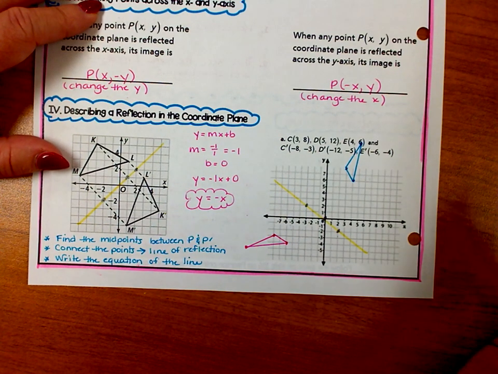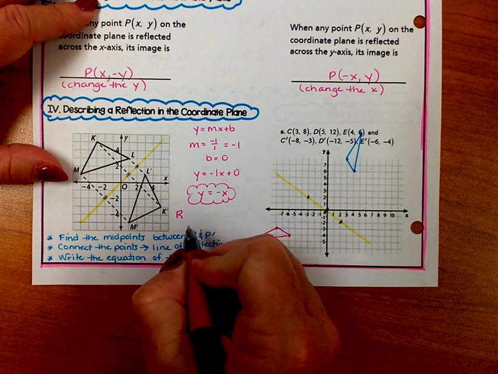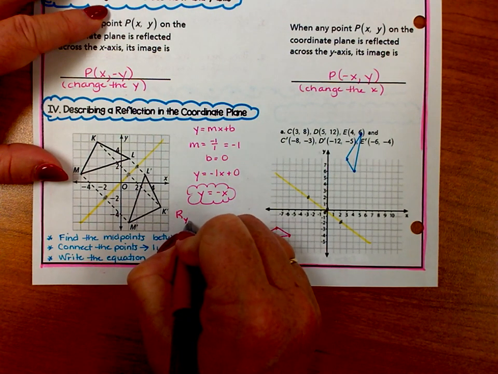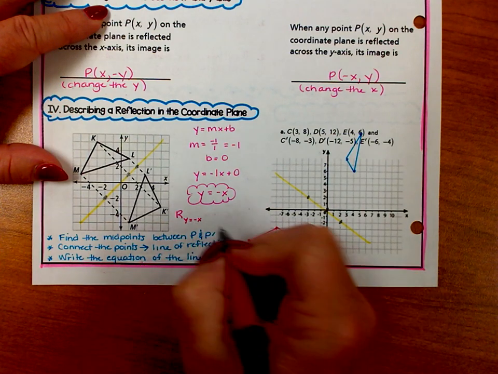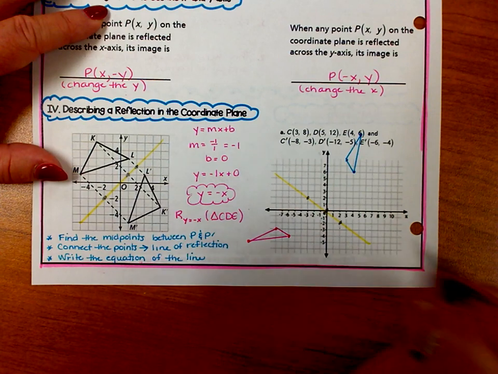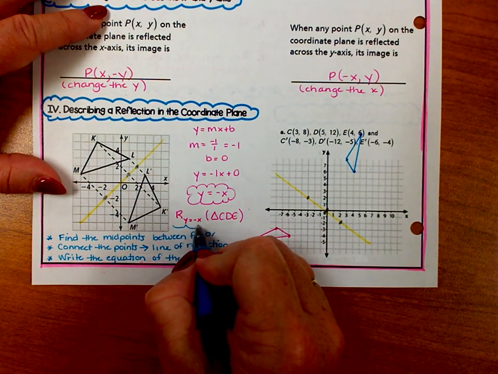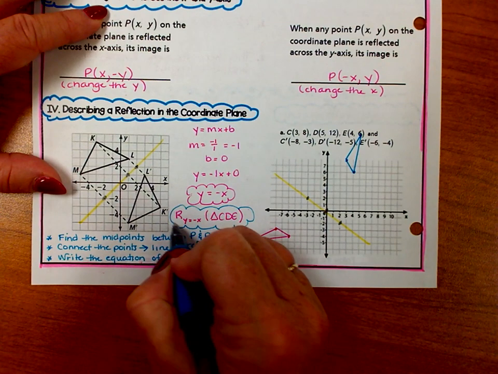And if we want to write that out, it would look something like this. This would be our reflection, and it would be over y equals negative x of triangle CDE. And that would be a description of our reflection.